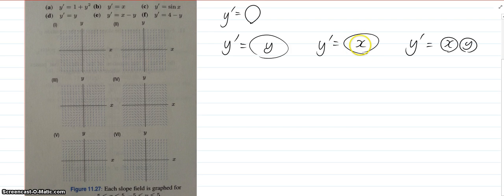So we can find some property of these, the characteristic. If we plug in any x value, it won't change because there's only a y value. So the slope only changes according to the y value.